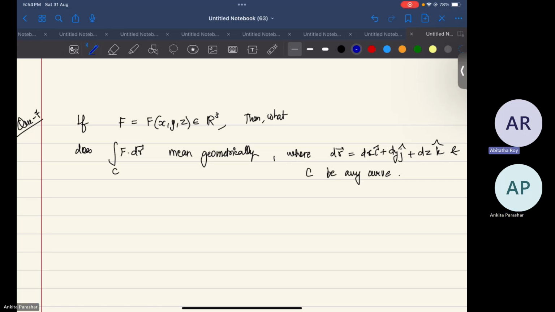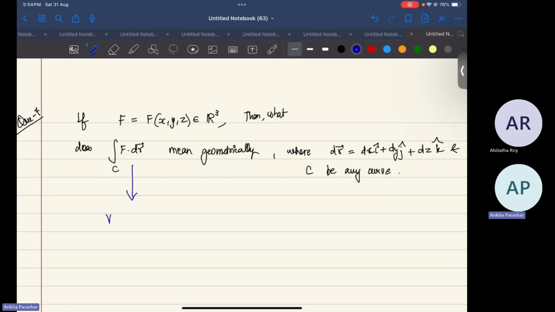This would be a vector valued function or a vector field. Exactly. One observation is this is not scalar valued, it is vector valued. So it's a vector field, and therefore the integral is a vector field integral.